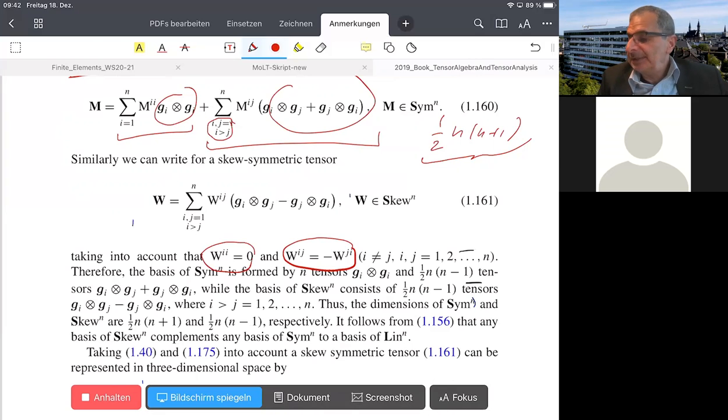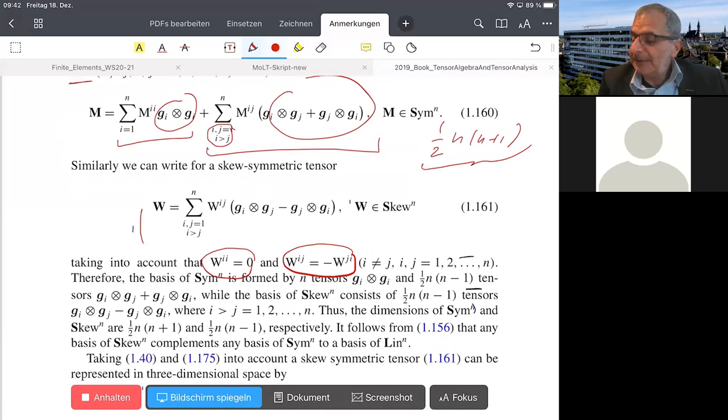And you see here that in this case we can represent the skew symmetric tensor also in this form, but the only difference, due to the fact that the diagonal terms are 0, this part disappears, and we have only this part with minus, right?